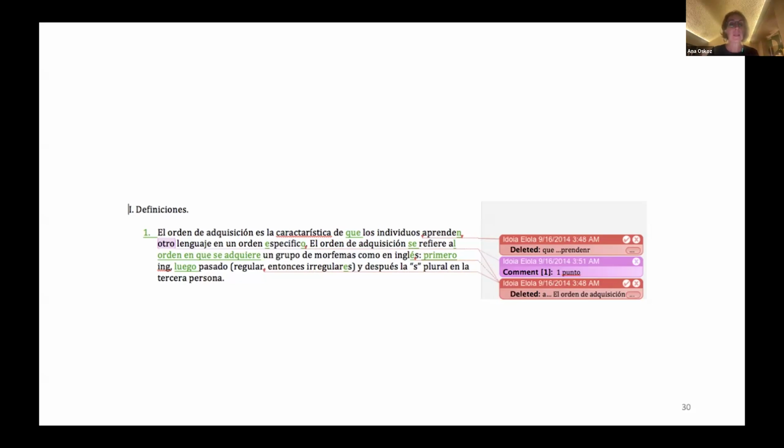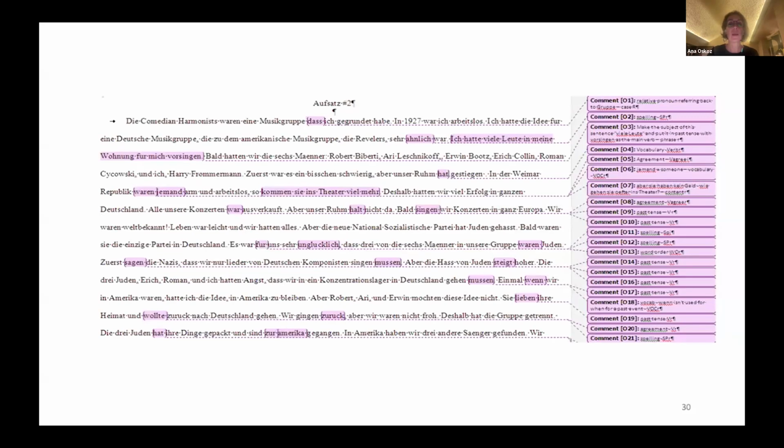In the next case, the instructor is providing comments, and it is indirect feedback. It says, for example, that there is something wrong with the verb, but not exactly what. It's also saying, for example, AGR for agreement or things like that to indicate that there is something wrong, but it's not exactly what the correct answer is.